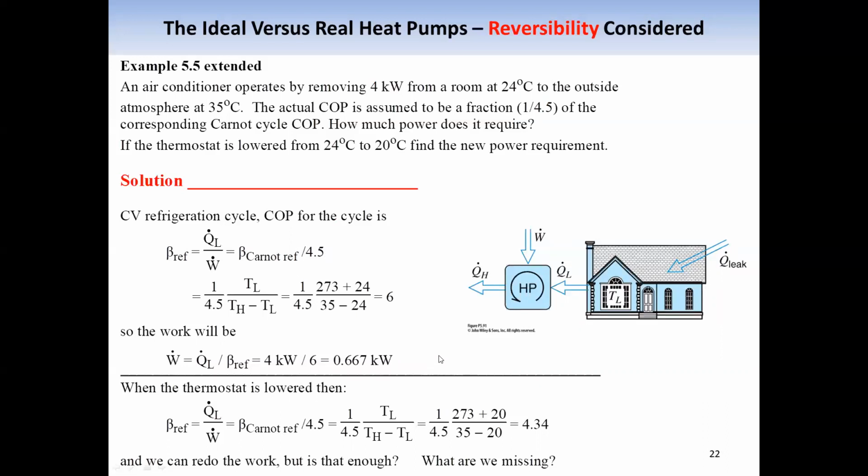And I'd like you to pay attention to this number. This required work is about 4 times of the work done in the last example. That means the irreversibility causes our electrical bill to increase about 4 times.